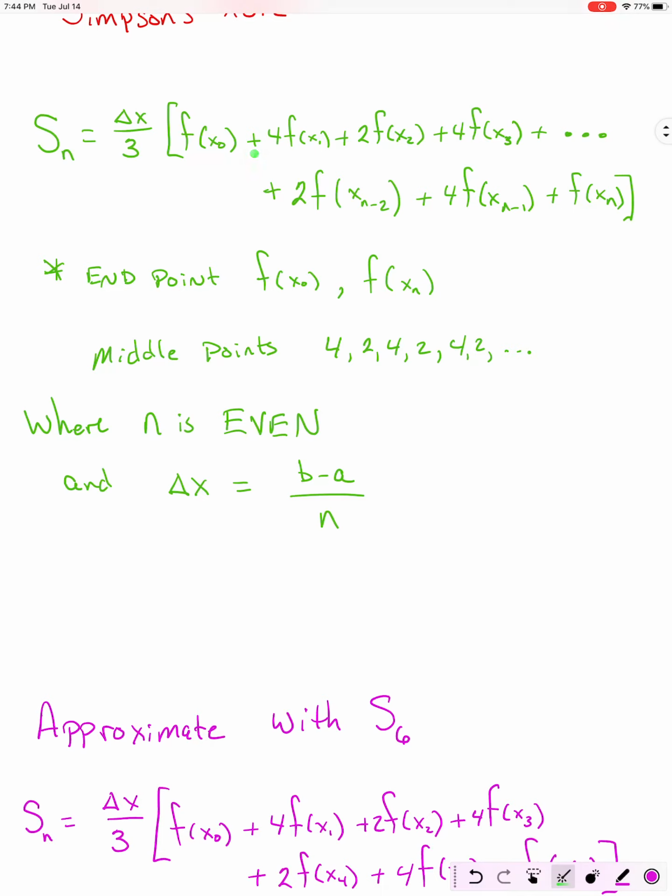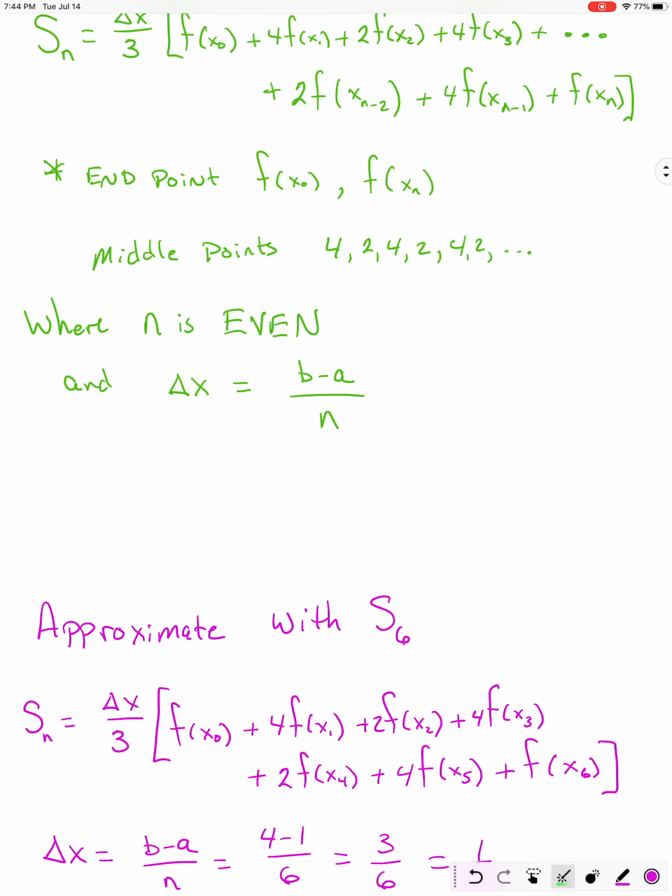Then we do this pattern of 4, 2, 4, 2, 4, 2 for all of the points in the middle that we evaluate. So x1 into the function multiplied by 4, x2 into the function multiplied by 2, x3 into the function multiplied by 4, and so on and so forth until we're at the end.